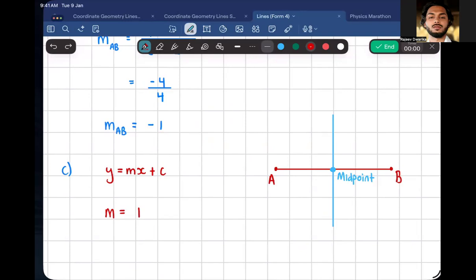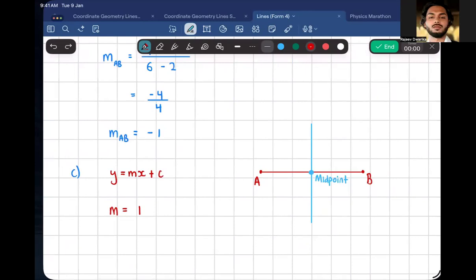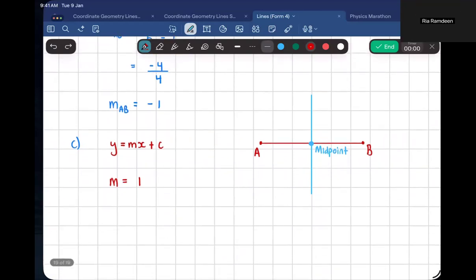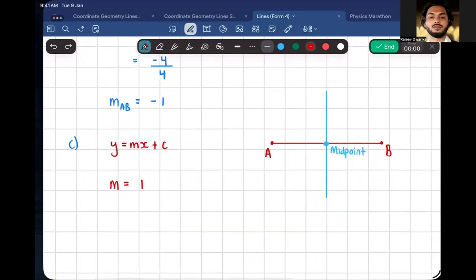Ria, is that confusing you? No, sir, I didn't get it. Okay. So we have the gradient, right? Ria, do we have a point on the line? Yes, the midpoint. Correct. Okay. So, Sienna, you okay with everything that happened so far?